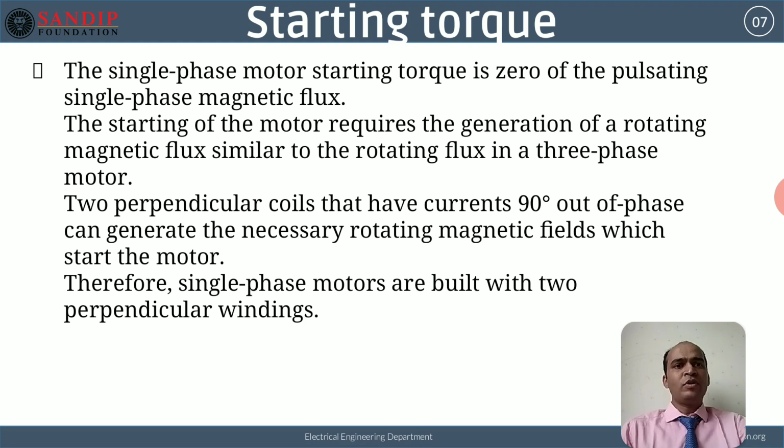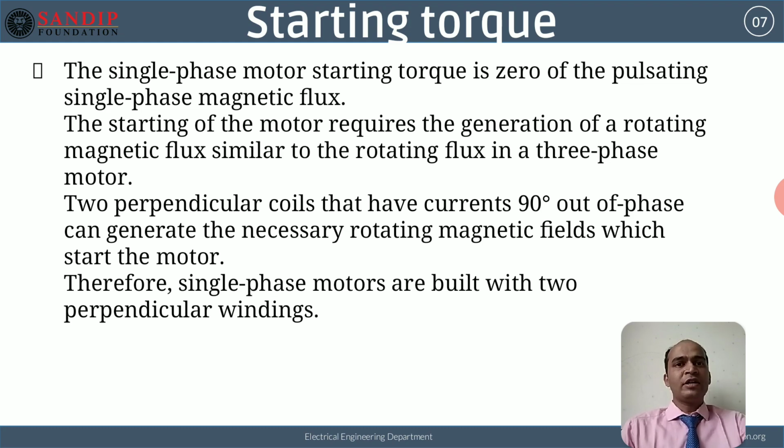Starting the motor requires generating a rotating magnetic flux, similar to the rotating flux in the three-phase induction motor. Two perpendicular coils that carry currents 90 degrees out of phase can generate the necessary rotating magnetic field which starts the motor. Therefore, single phase motors are built with two perpendicular windings.